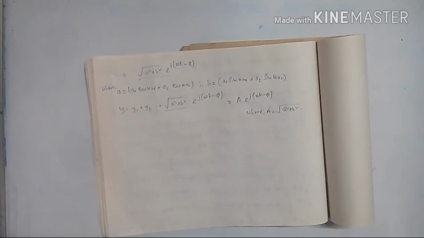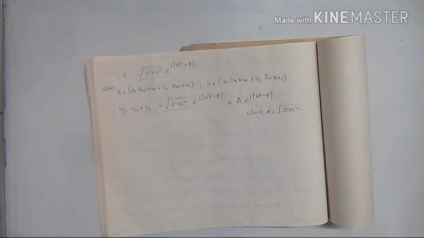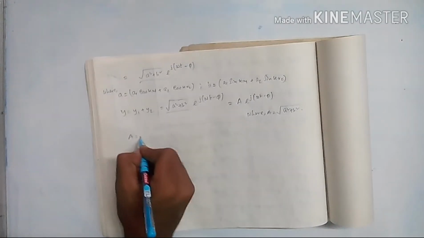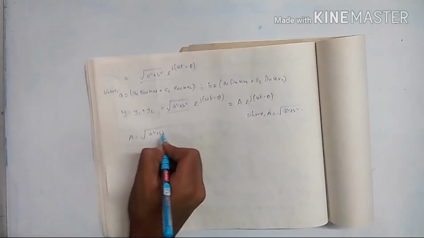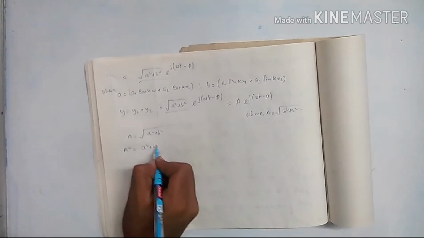Okay, and now we find the intensity of the interference pattern. To find it, we find A square. A square is a square plus b square.